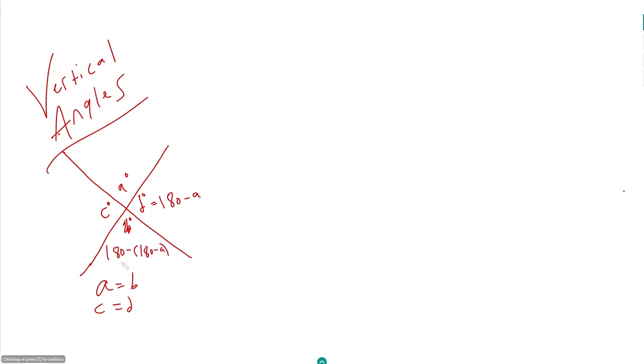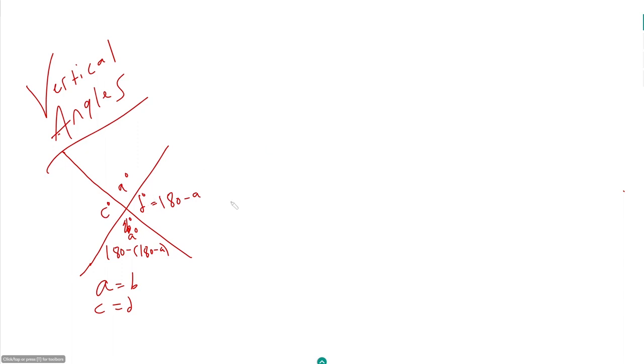So once you simplify this, the 180s cancel out, and you have a negative times a negative, and you're just left with A. And so this here is equal to A, and then you can do the same thing to get C and D are the same.